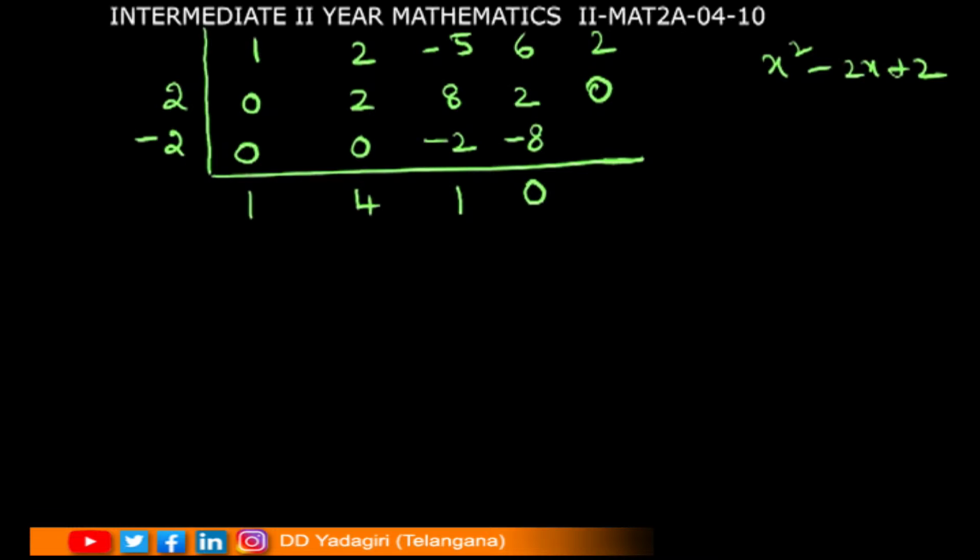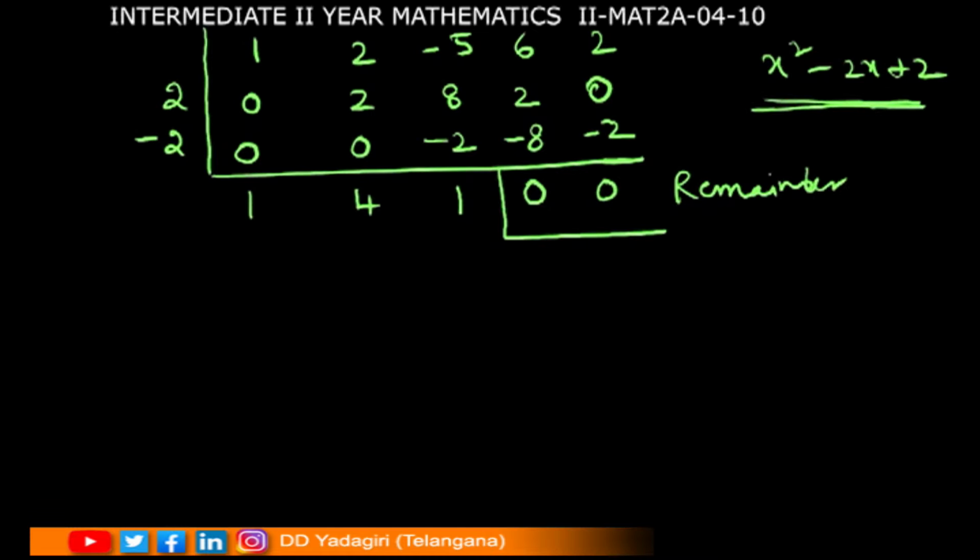Minus 2 into 1 is minus 2. Minus 2 plus 2 is 0. So what is the remainder? 0, because this is a factor of the given polynomial. That is why the remainder you are getting is 0. The quadratic, what is the quotient? The quotient you are getting is x square plus 4x plus 1.